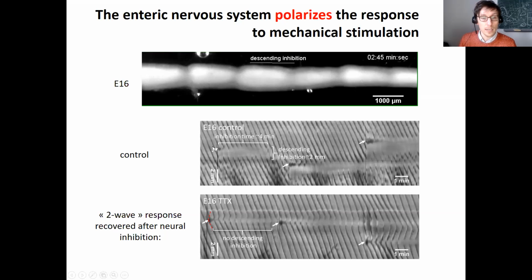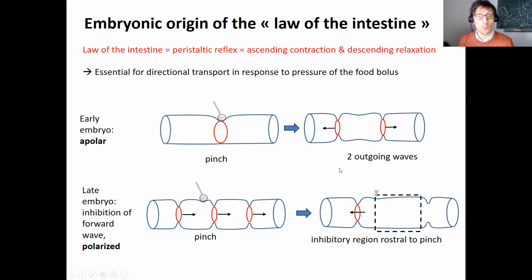If we inhibit neurons with tetrodotoxin, we recover the earlier myogenic response where we have two waves outgoing from the point where we pinched. So this is important because it basically explains where the famous law of the intestine, ascending contraction, descending relaxation, comes from embryologically.